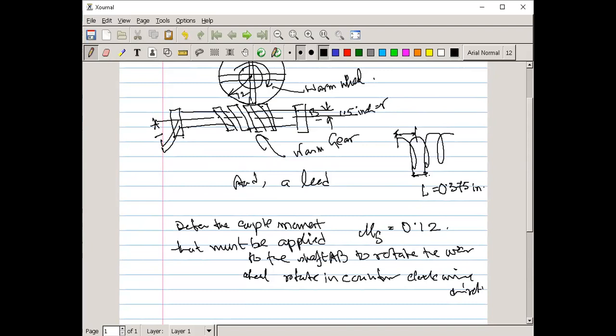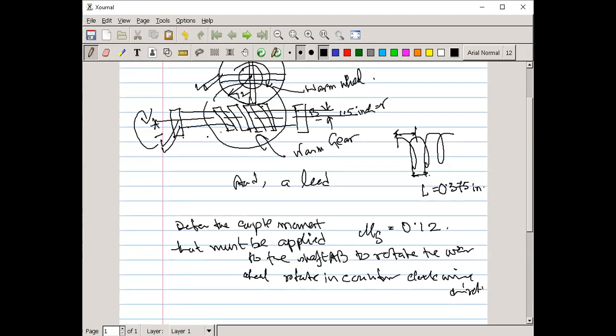It is not possible to apply moment on the worm wheel so that we can rotate this worm gear. It is never possible, because its working principle is the self locking mechanism. So you have to always apply the moment here, okay, so that it can move.